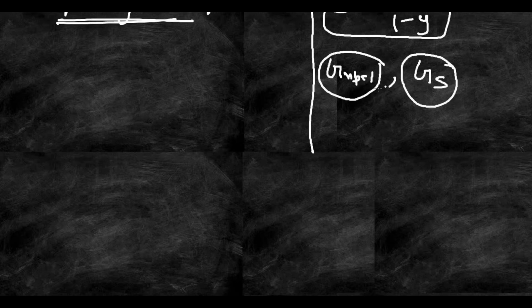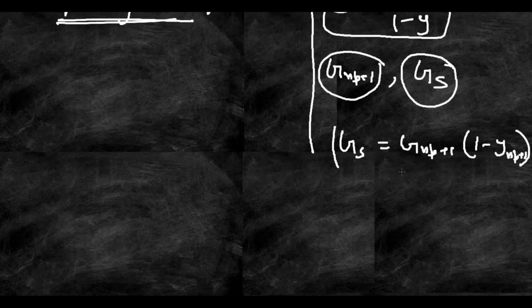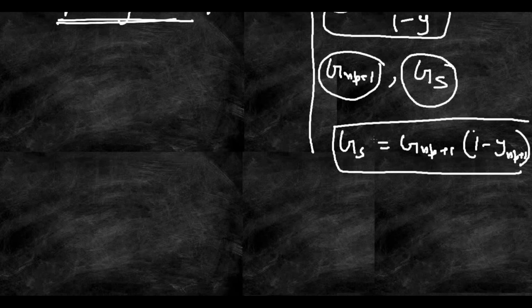It is very easy. Gs is equal to G(NP+1), where G(NP+1) is the total feed rate, times 1 minus y(NP+1). If I do this, what I get is the flow rate excluding the ammonia. Why am I doing this? This will be useful while finding the operating line equation.